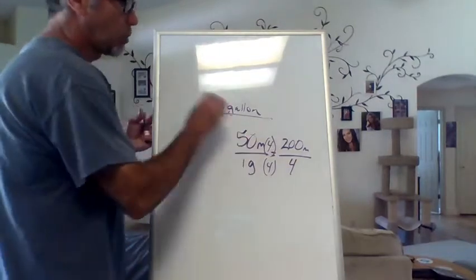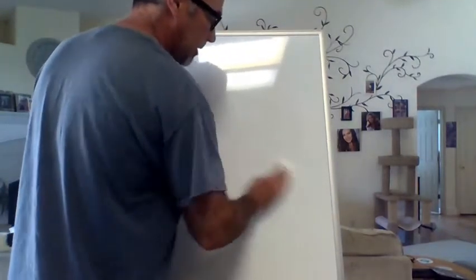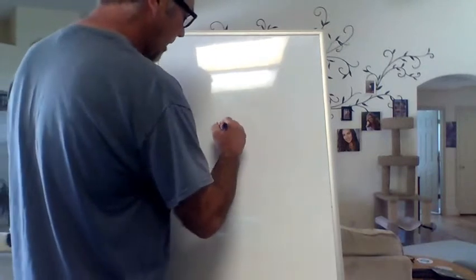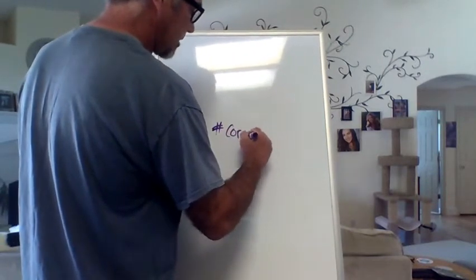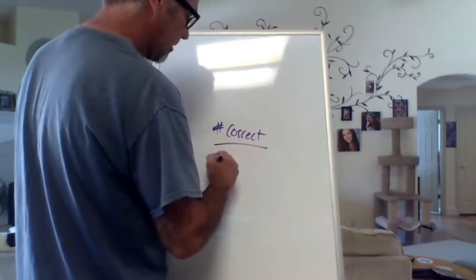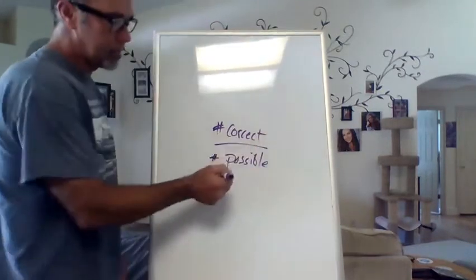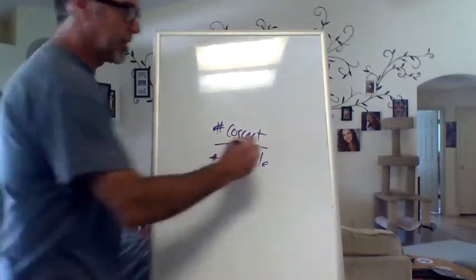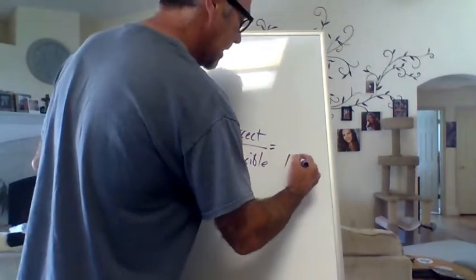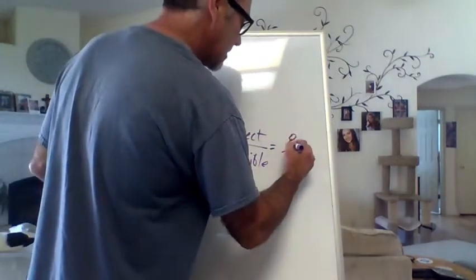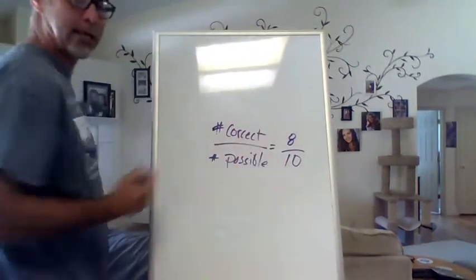Okay, so this is where rates and ratios are really cool. Let's say number correct, I often do this for you on a quiz, number correct over number possible. This is a ratio. We're comparing the correct to the number possible. So if you had a quiz that had 10 possible, which we often do, and you got 8, this is 8 correct out of 10 possible.